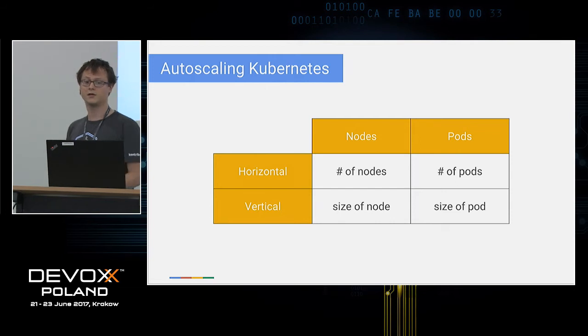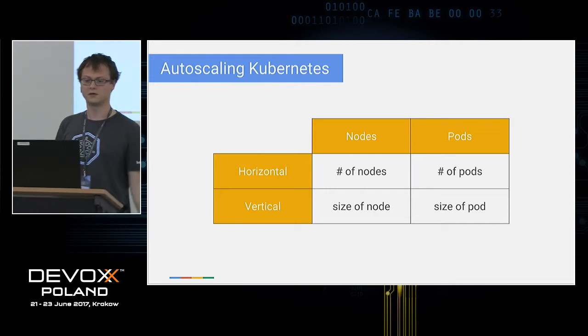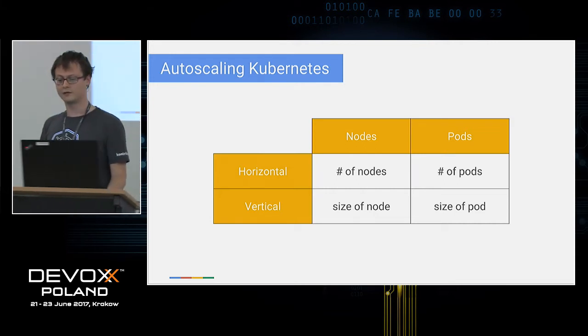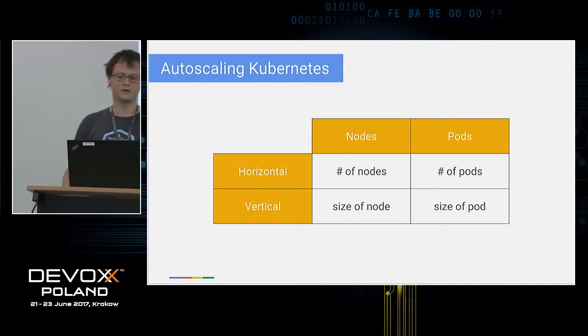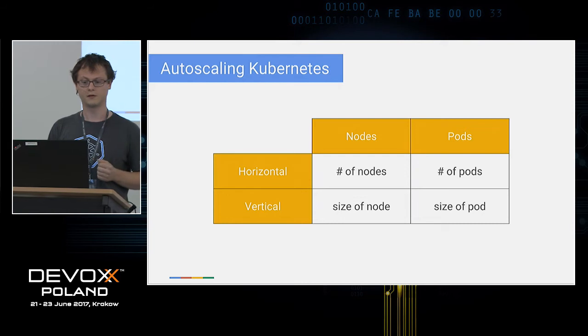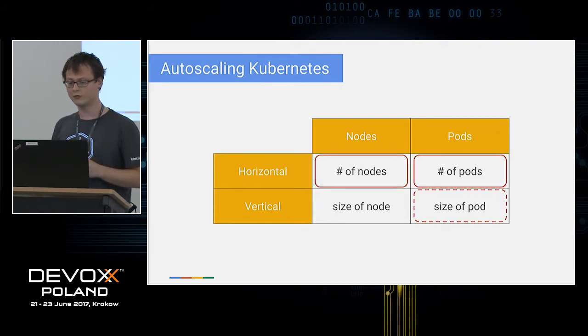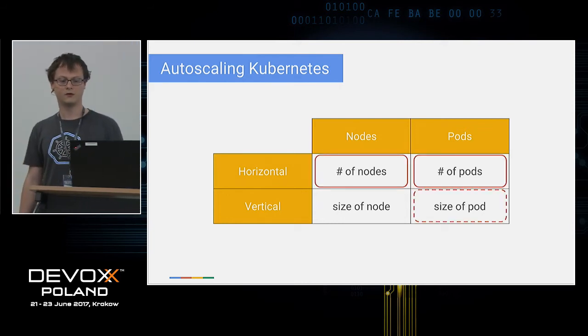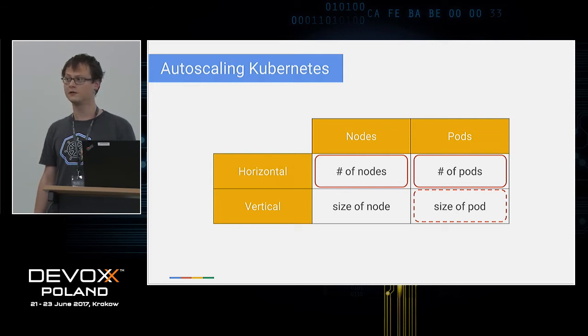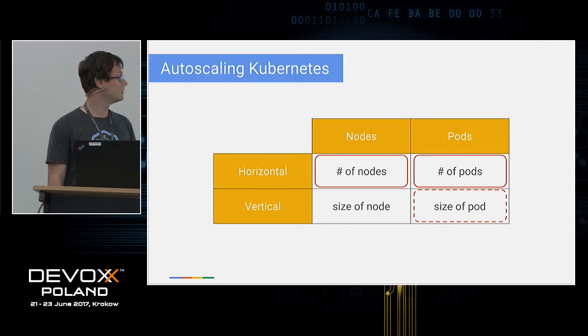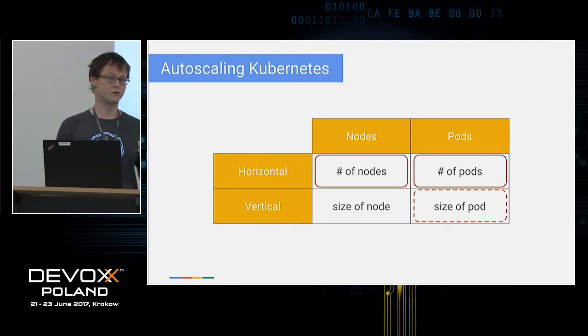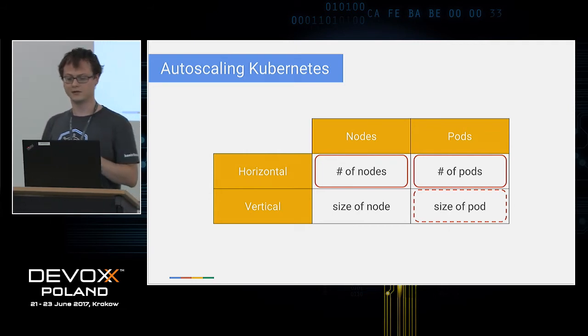And we can also autoscale nodes, meaning just add more VMs or bigger VMs as required to run all our pods, or remove them if they have low utilization to save some money. So currently in Kubernetes, we have a horizontal node and pod autoscaler. And we have started working on a vertical pod autoscaler, which we are hoping to release in alpha later this year.